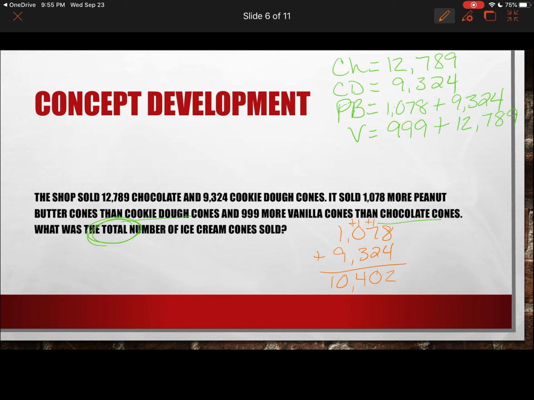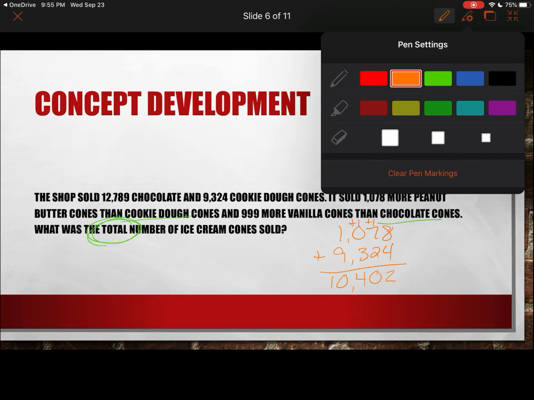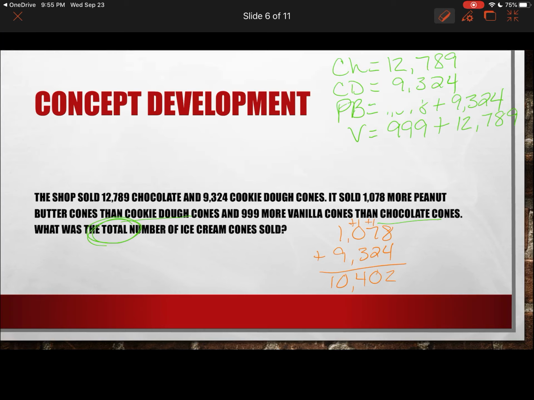So for peanut butter, we have 10,402. So I'm going to erase peanut butter here, and I'm going to rewrite 10,402. And then for vanilla, we've got 12,789 plus 999.